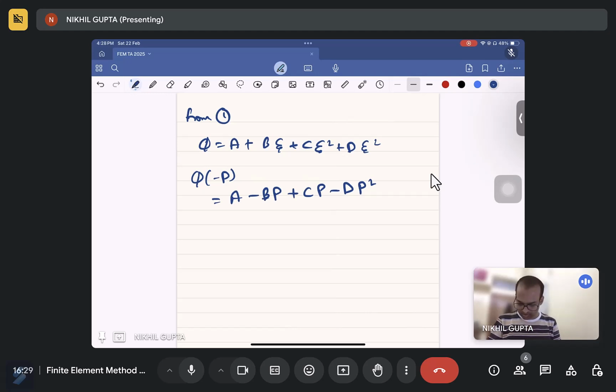I think I'm missing something in the notes. B is equal to 0, D is equal to 0. Phi of minus p.